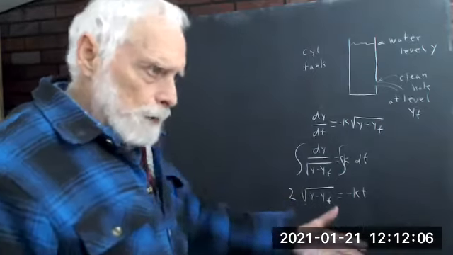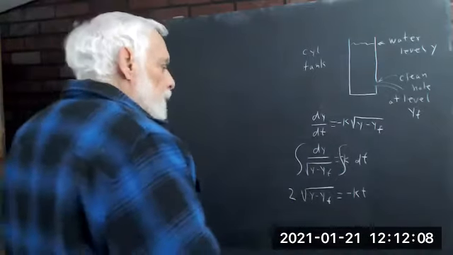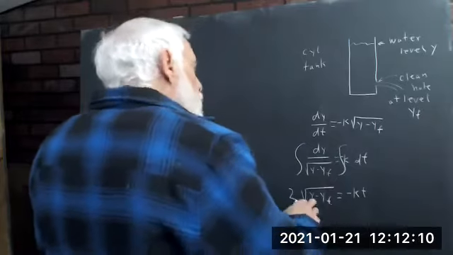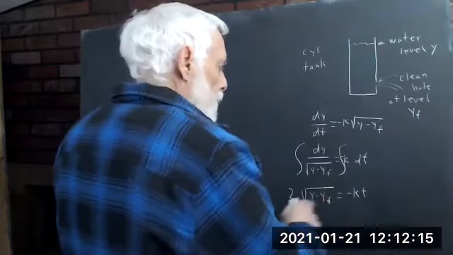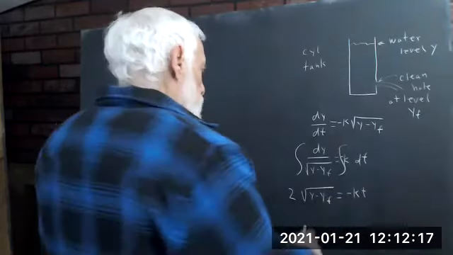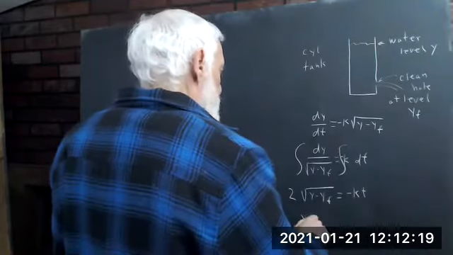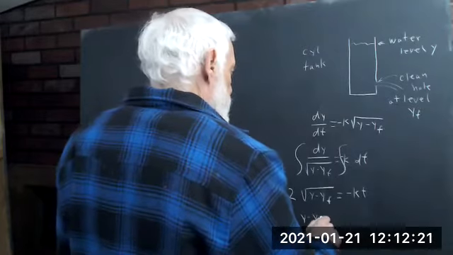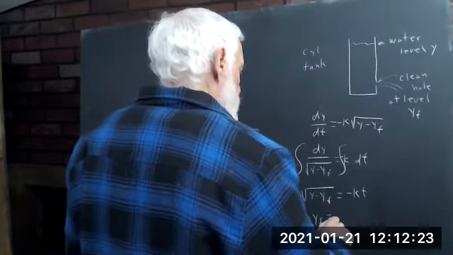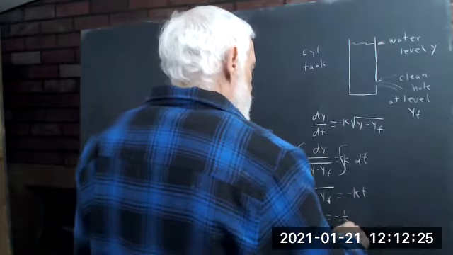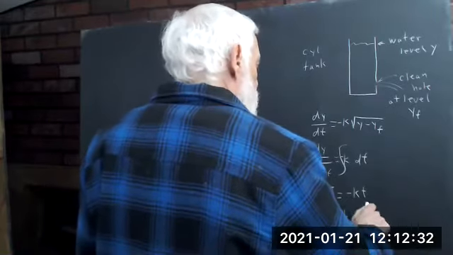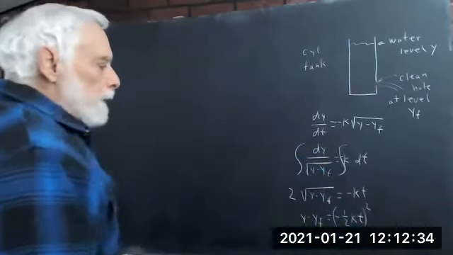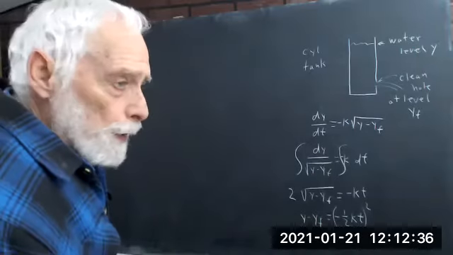Now, if you want to get y explicitly, you square both sides. And before you square both sides, you probably ought to go ahead and divide by 2 so that you get y minus y_f equals the square of this quantity, negative 1/2 kt.